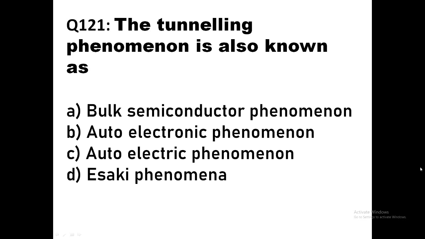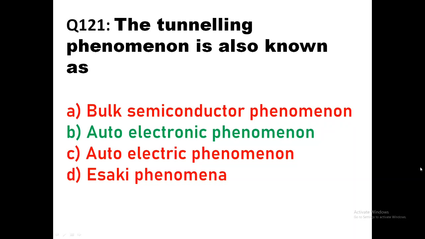The charge carriers from both sides will punch through, and that punching of charge carriers is called tunneling. So it is an auto electronic phenomena. So here option B, that is auto electronic phenomena, will be the correct answer. The tunneling phenomena is also known as auto electronic phenomena.